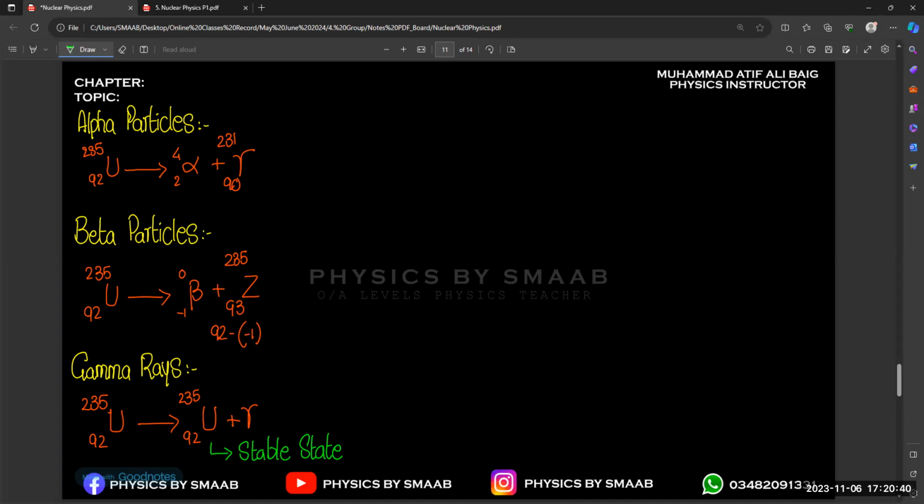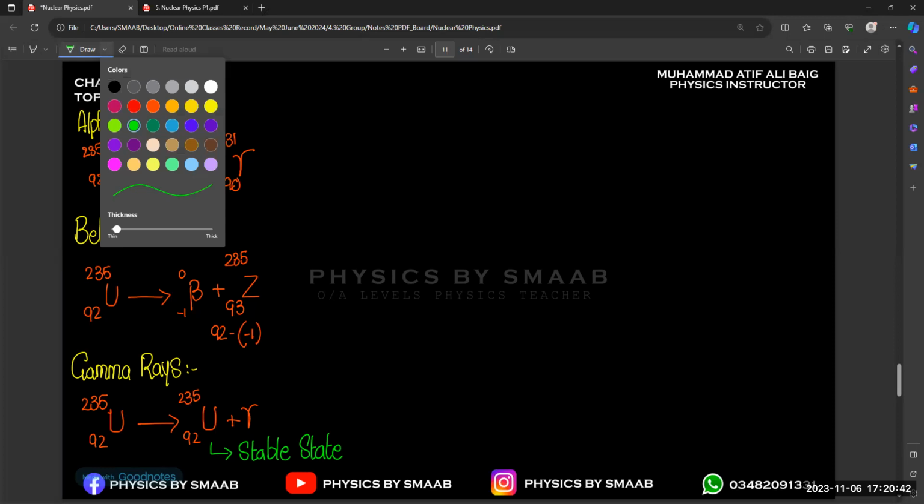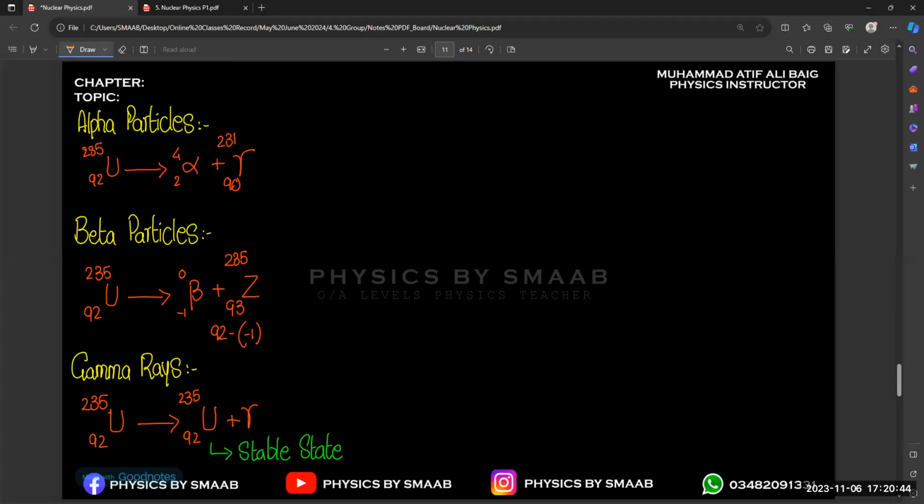So next, because in nuclear reactions we also get some names of the elements, first of all, if we discuss the nuclear reactions, there are two types of reaction.